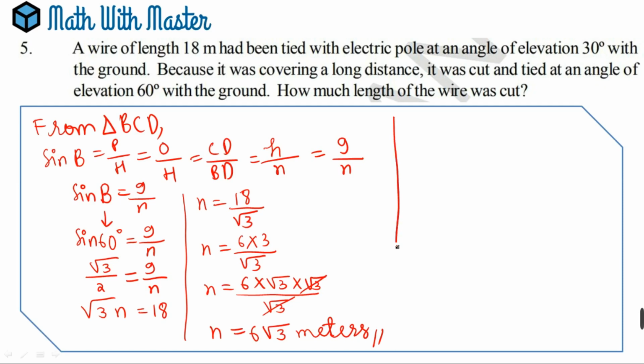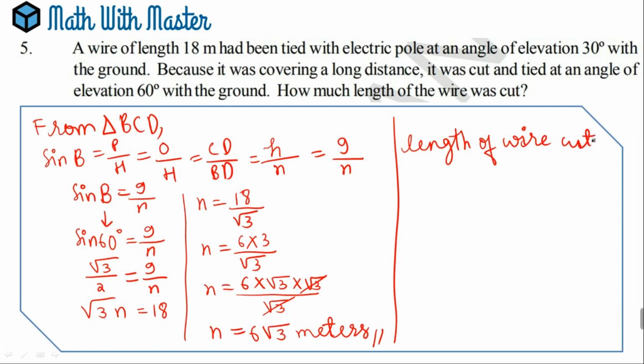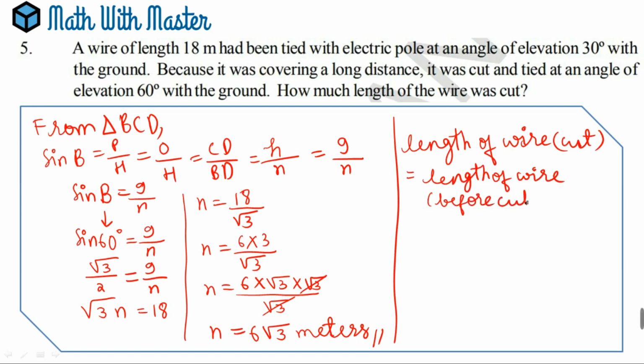So length of wire which was cut is equals to length of wire before cut minus length of wire at present.